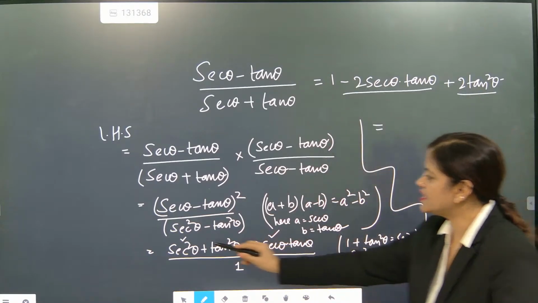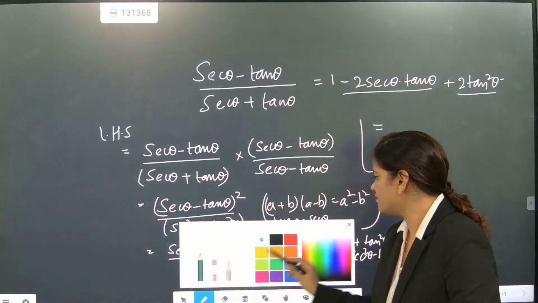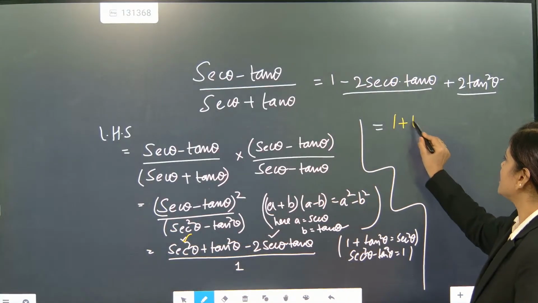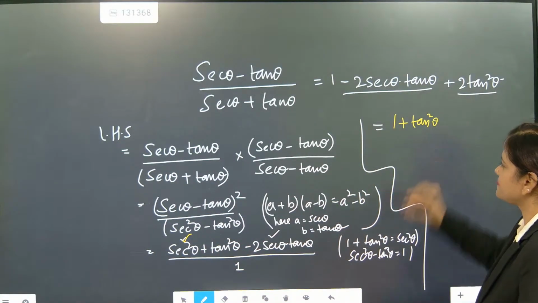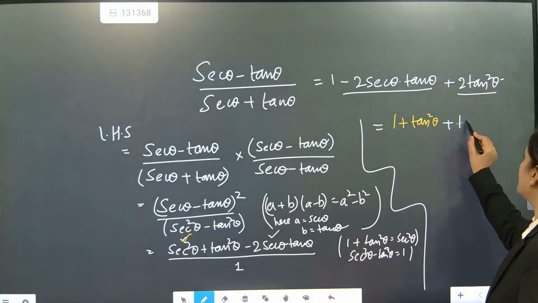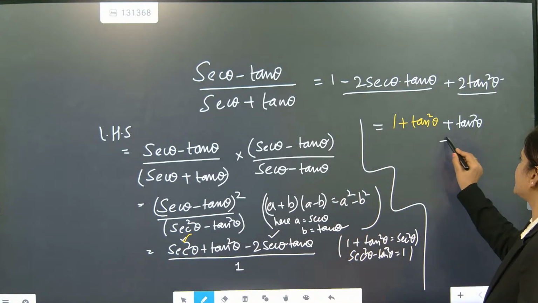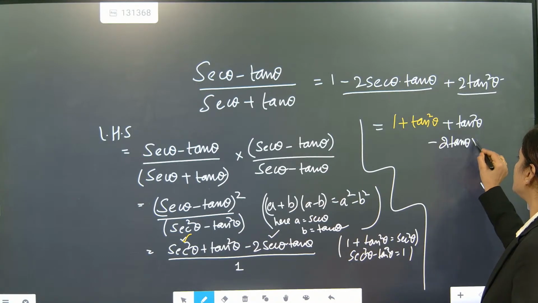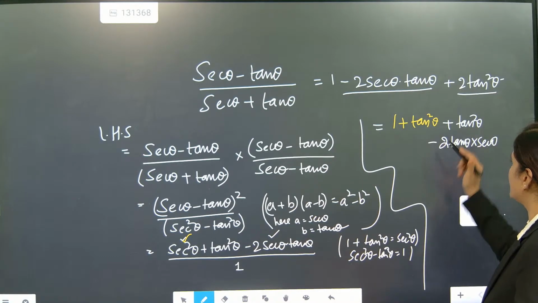So instead of secant square theta, can I write 1 plus tan square theta? Understood? So when I write 1 plus tan square theta, and here also tan square theta is there, and then minus 2 tan theta into secant theta is there, story over.